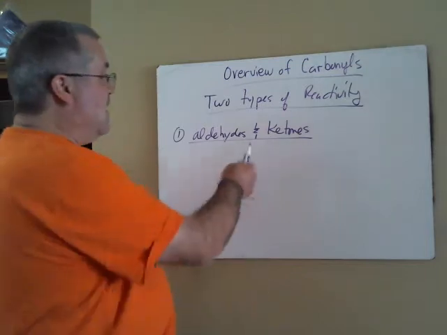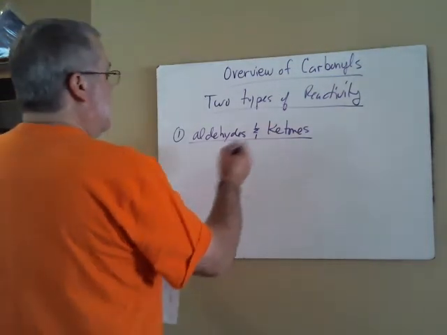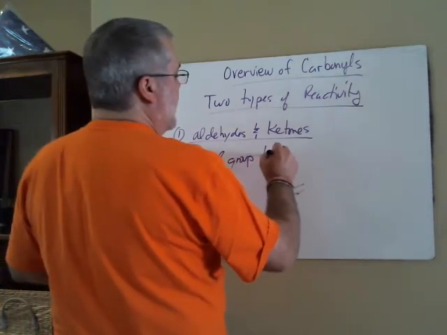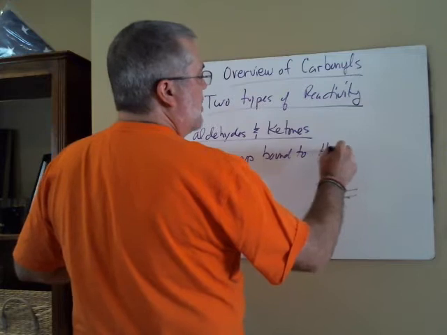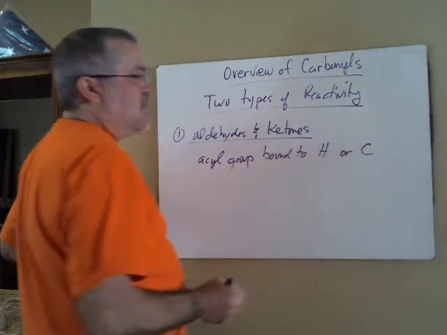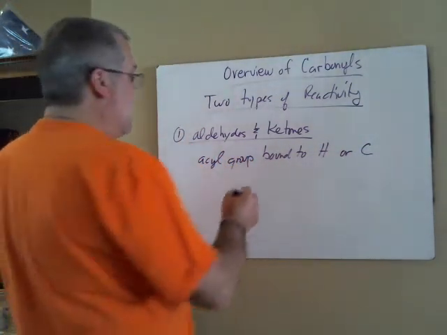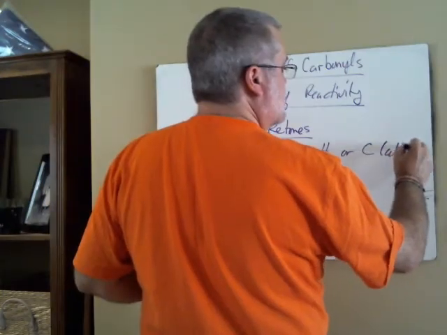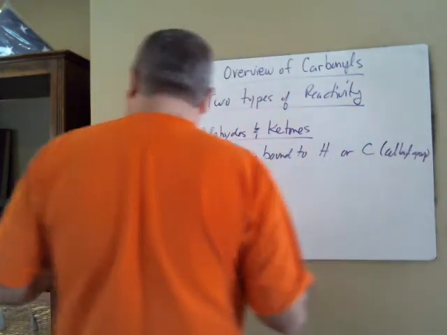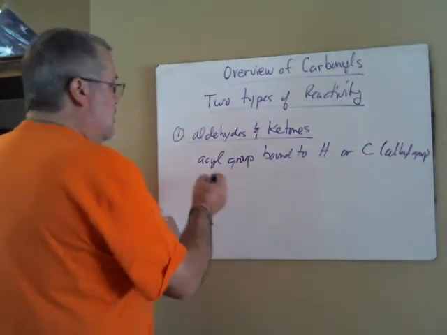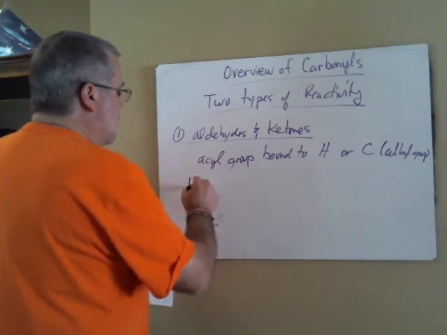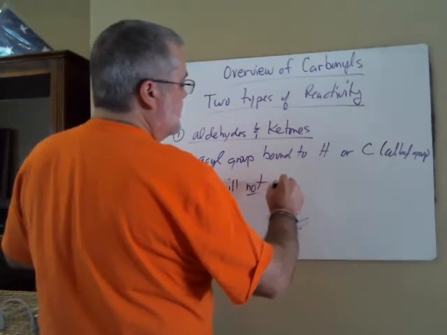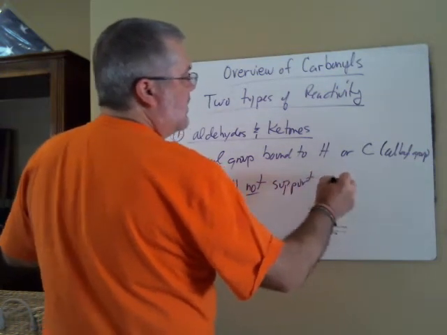It's really that easy. So aldehydes and ketones have a certain reactivity because that acyl group that we just looked at is bound to, remember, an H or a carbon, basically an H or an alkyl group. So that basically means your H or R will not support a minus charge.